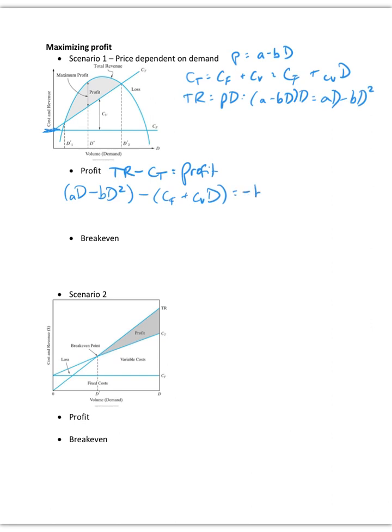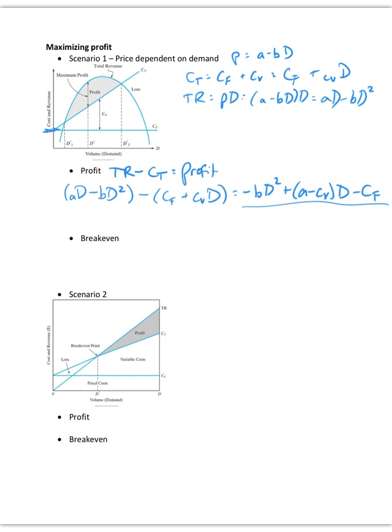I get minus BD squared plus A minus C sub V times D minus C sub F. And you'll see in a minute why I'm rearranging it in exactly this way. So this is my profit function now. My total profit is revenue minus costs, and we've got a profit function related to demand.